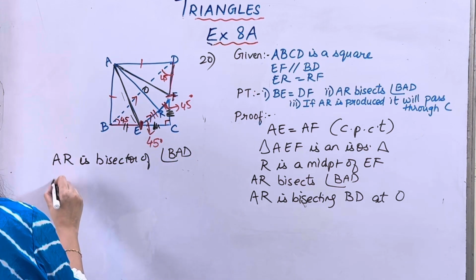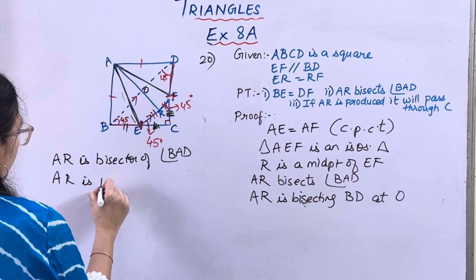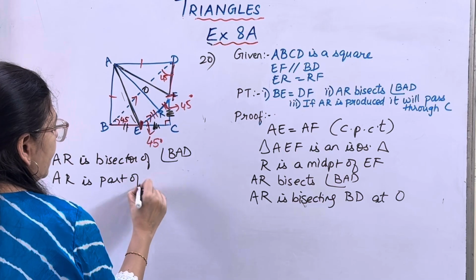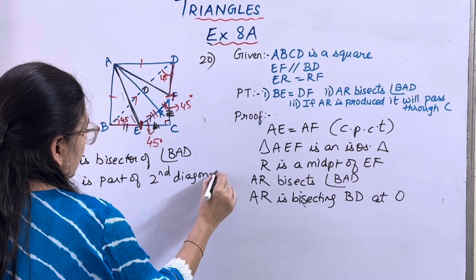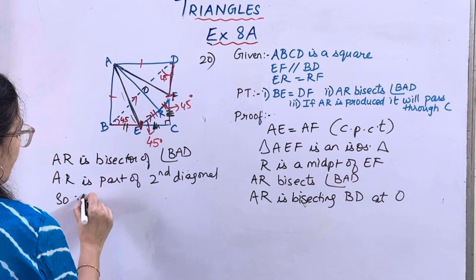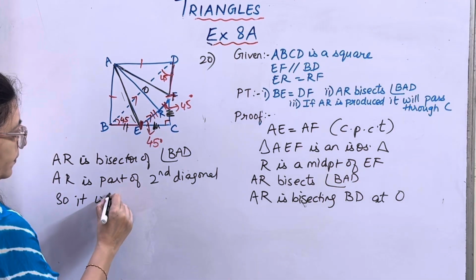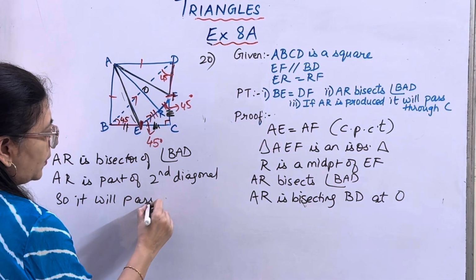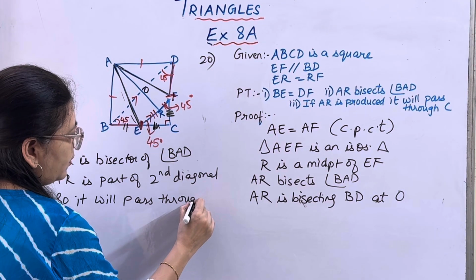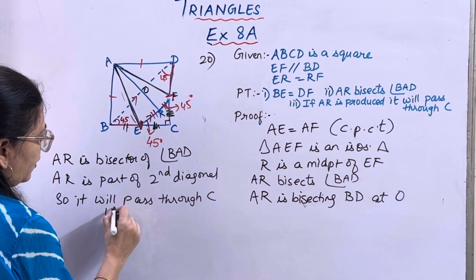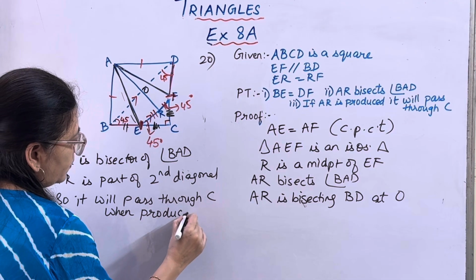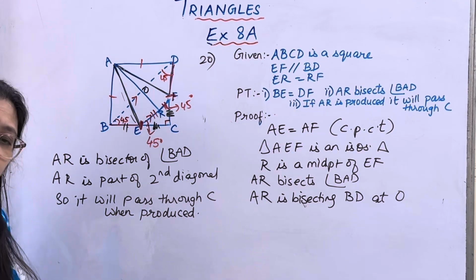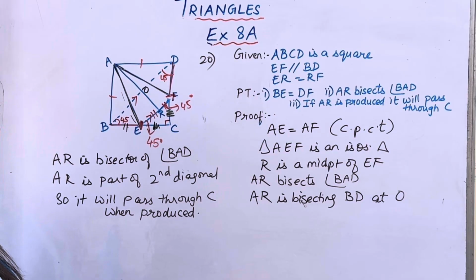Therefore, AR is part of the second diagonal, so it will pass through C when produced. I hope it's clear. Come on, let's go to the next question.